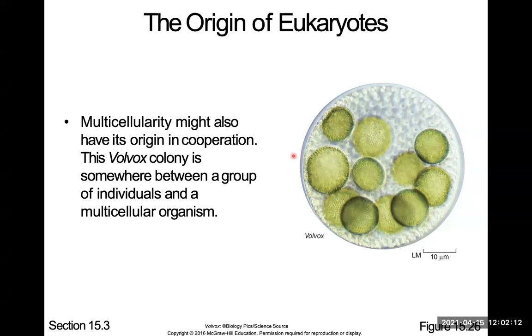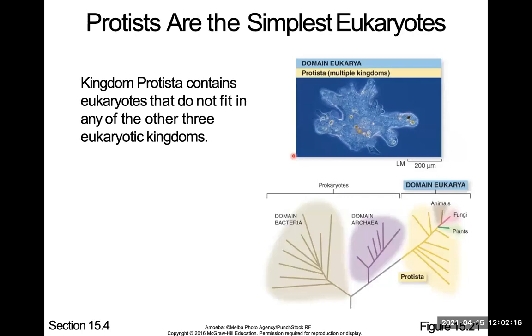So I'm going to give you some names today that I want you to remember for the exam. So now we're going to start getting into Protista. So Protista is going to have organisms that do not fit under animals, fungus, or plants. That's Protista. So that's the first thing we're going to go over.